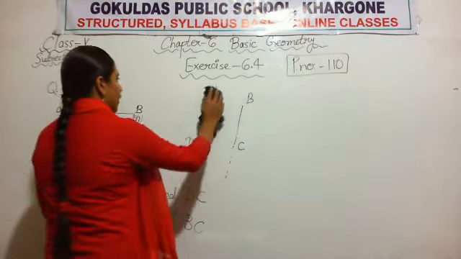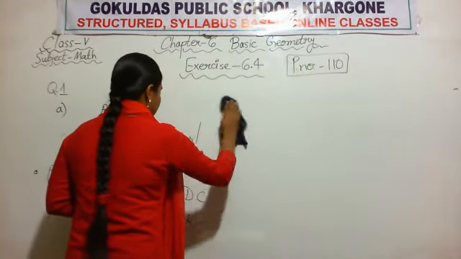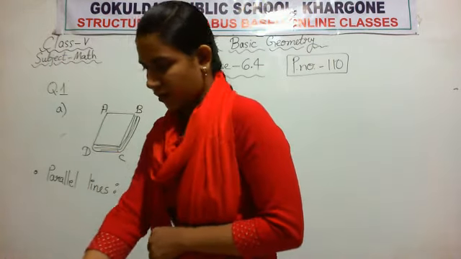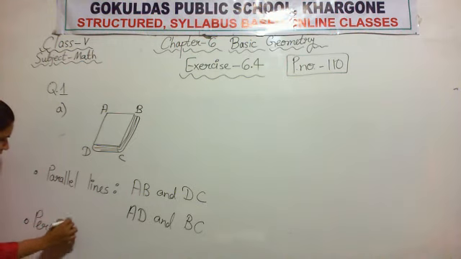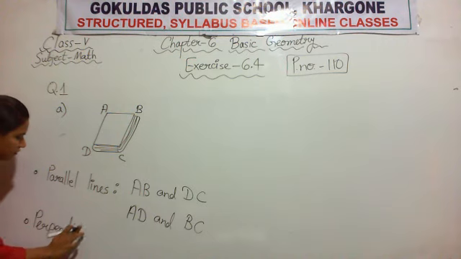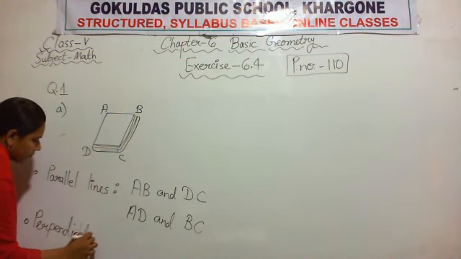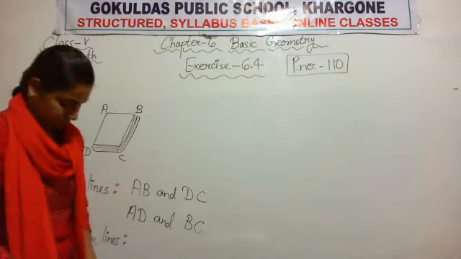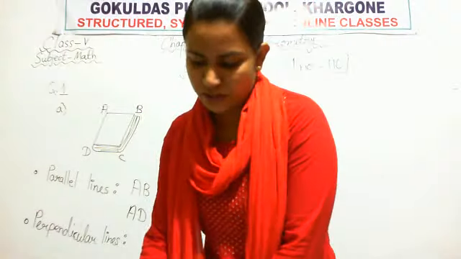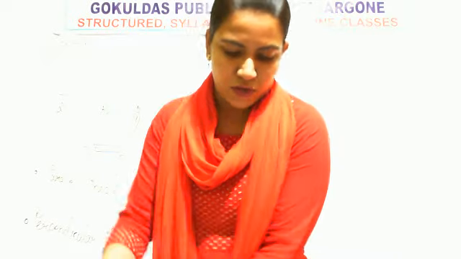Now let us identify the perpendicular lines. So what is the condition to be perpendicular? The line must make a 90-degree angle with the other line.